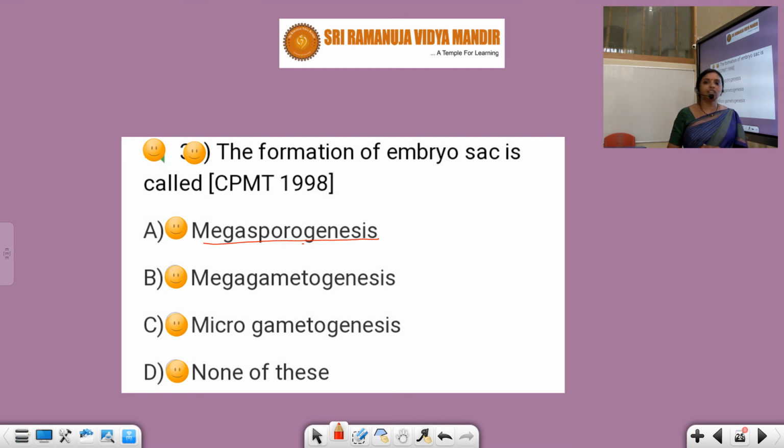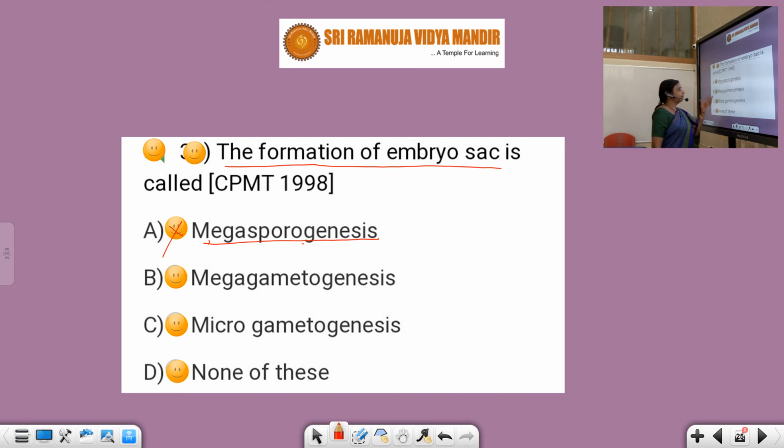And when the megaspore mother cell undergoes meiotic division, it forms a tetrad of megaspores. That whole process is called megasporogenesis. So option A is wrong, because the question is asking about the formation of embryo sac, not the formation of megaspore.